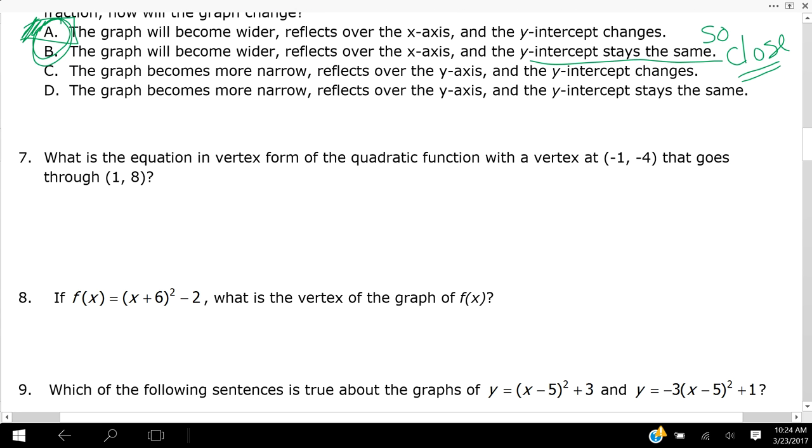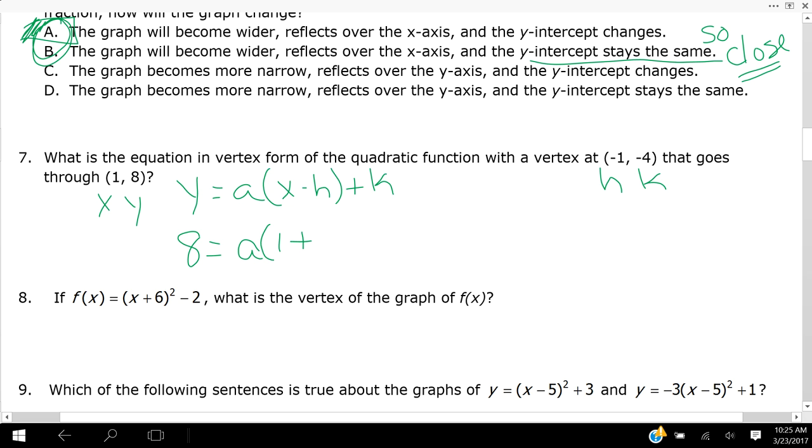Okay, so we're doing vertex form, y equals a(x minus h) squared plus k. Our h and k are x and y, so we're actually solving for a. So we have 8 equals a times (1 minus the negative 1) squared minus 4. 1 plus 1 is 2, squared is 4.